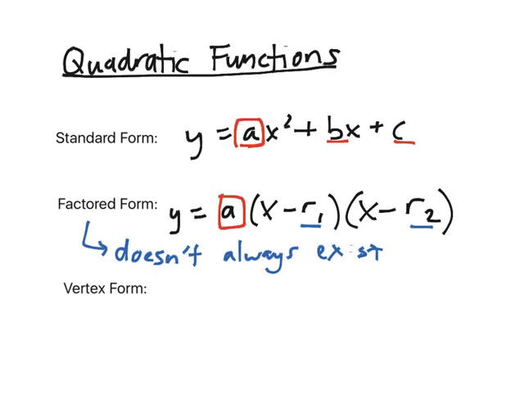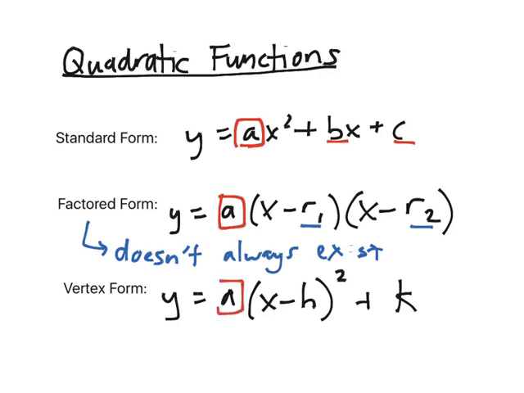Finally, you have vertex form. Y equals a, same a as above, times x minus h squared plus k. You can get your vertex form by completing the square. H and k are what are really interesting for us, because if you can put your quadratic function into vertex form, then you can find out where the vertex is.